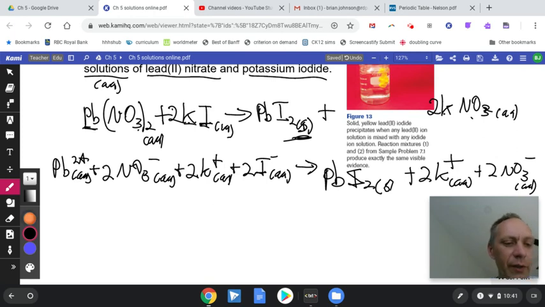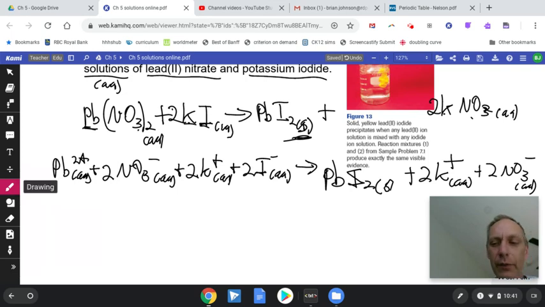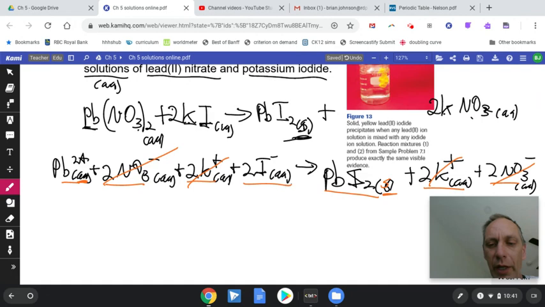Okay, now the fun part. If you can call it fun, you get to cancel anything out that is a spectator ion. So let's see. Pb2 plus goes to a solid, so that's different because here it's aqueous and here it's solid, so we cannot cancel those out. 2 NO3 minus aqueous, 2 NO3 minus aqueous, gone. Spectator ions. 2 K plus aqueous, 2 K plus aqueous, gone. 2 I minus aqueous, PbI2 solid, stays.